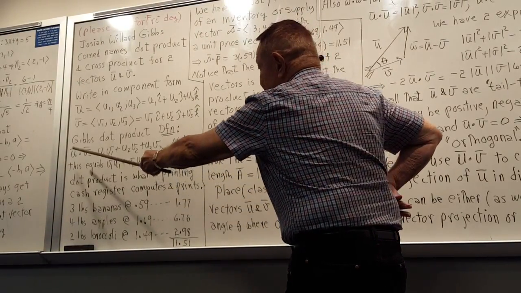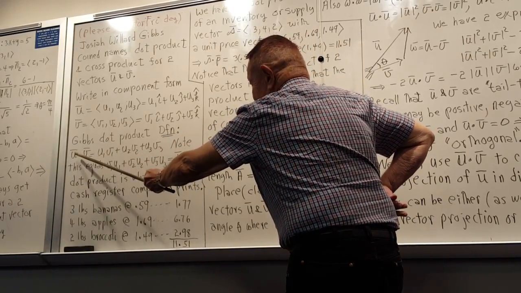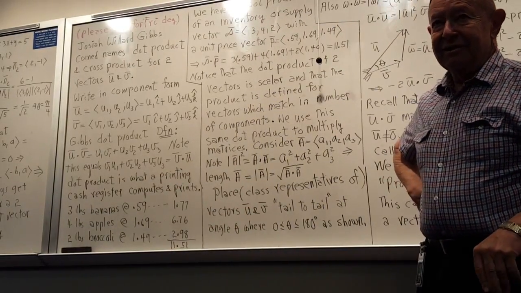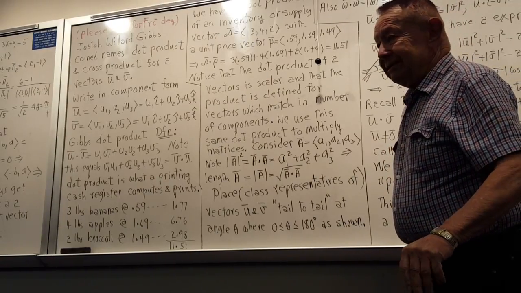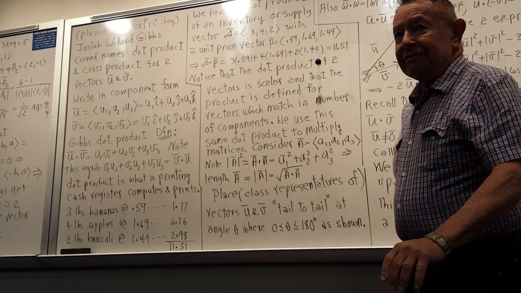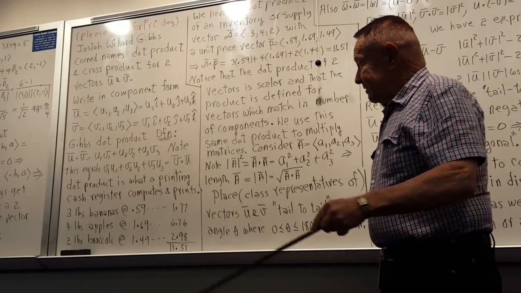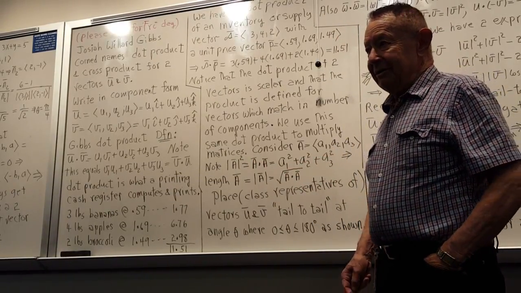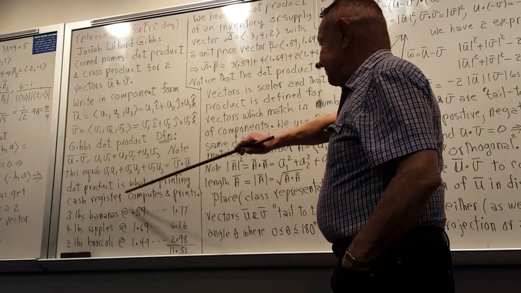So this proves that the dot product defined this way is what we call commutative in the math department, that the order doesn't matter. And it's important to note that what we will call the cross product next week does not behave this way. The order does matter on that one. But on the dot product, the order doesn't.